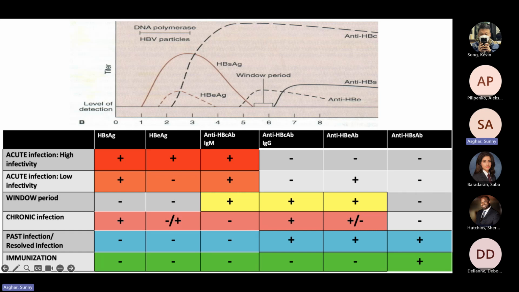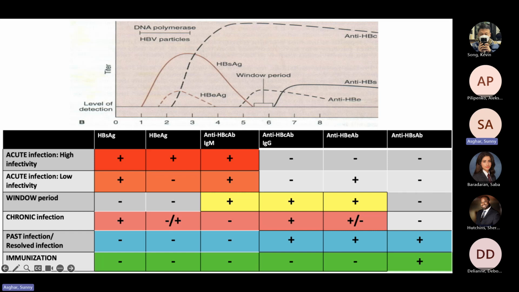Window period is basically a period where we can see what's present. This shows us that our HB surface antigen has disappeared, but we don't see a surface antibody here yet. That means we're in the window period.